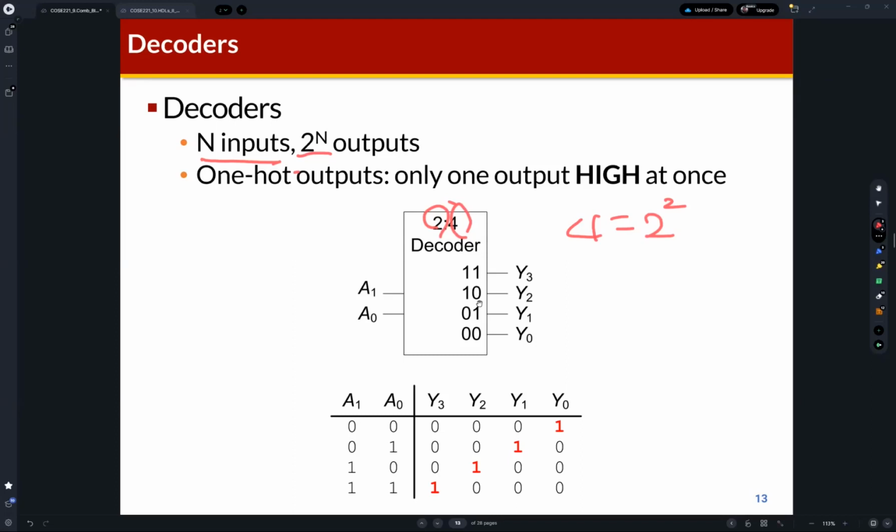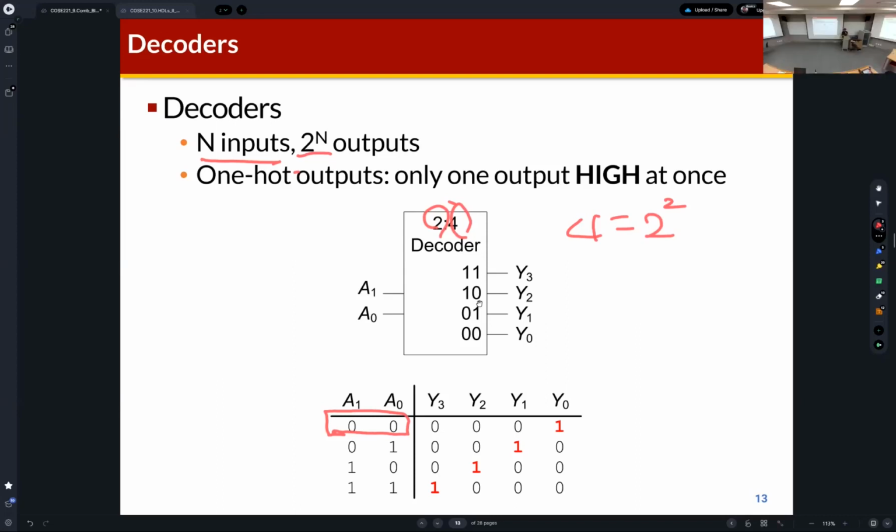Let's see the output value. In this decoder, the value of the input ports represents the position of the output bit.